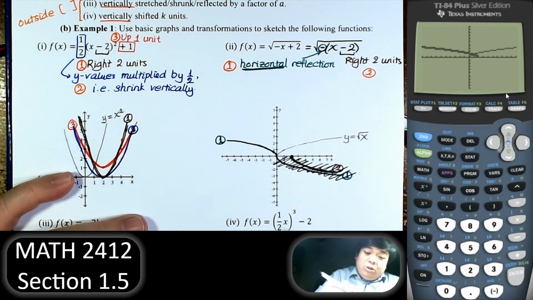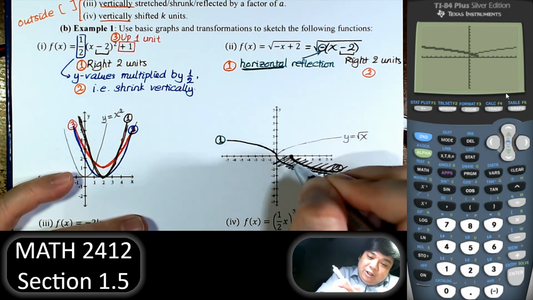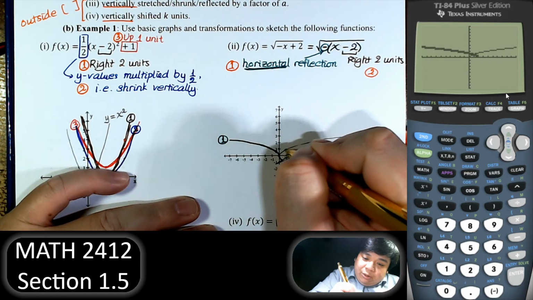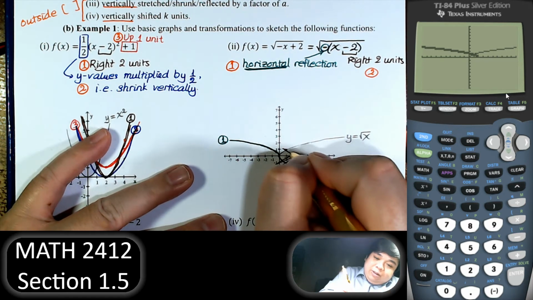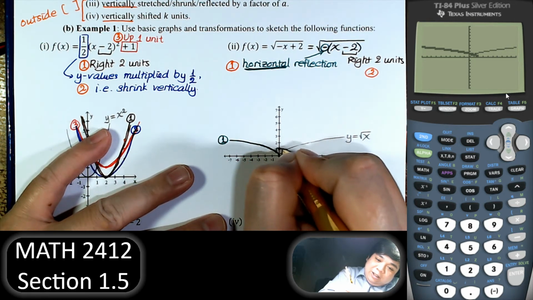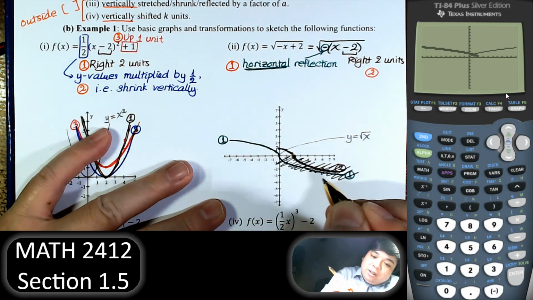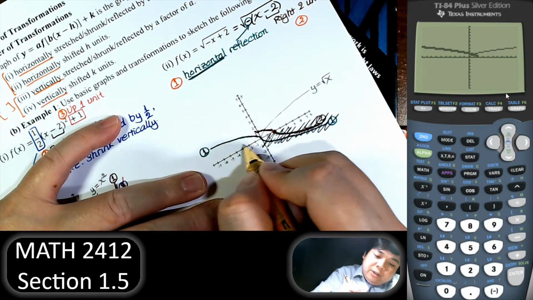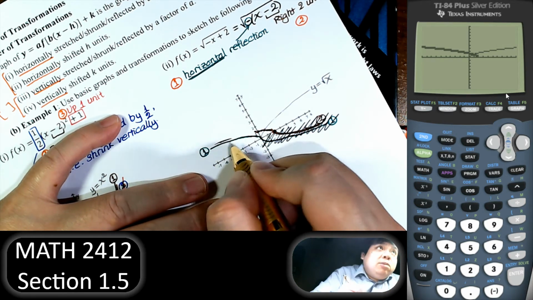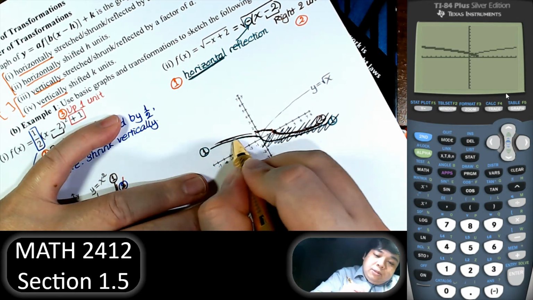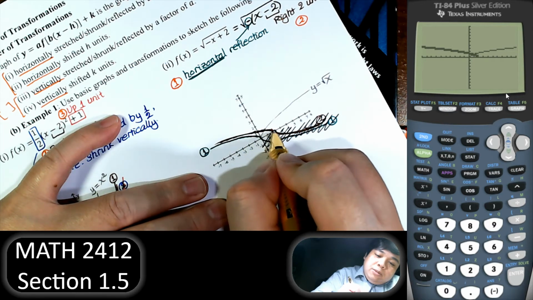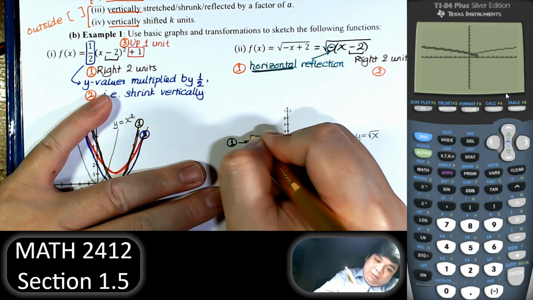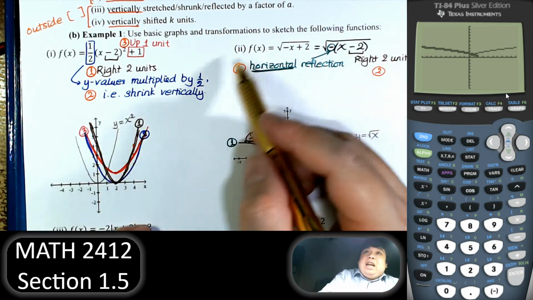And then move 2 units to the right. So 1, 2. And then 1, 2. So it will be this graph. So I said I did this perfectly.